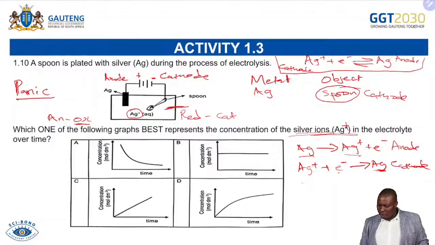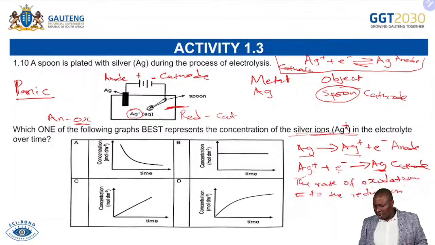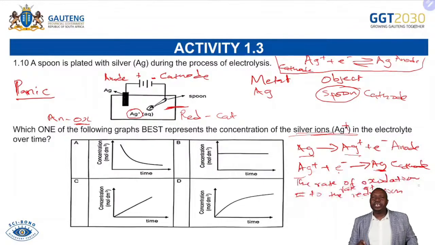So we are saying the rate of oxidation is equal to, write it in full, the rate of reduction. You are able to write that, and then you get your mark. So what are we saying? The concentration of the electrolyte remains the same. Why?